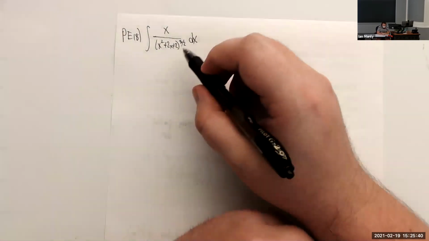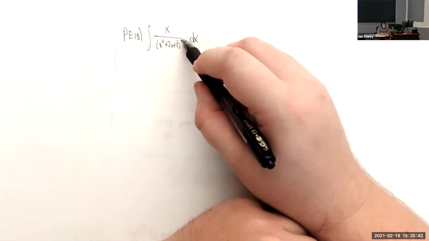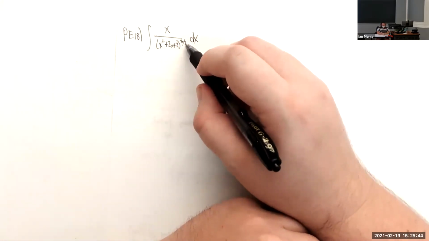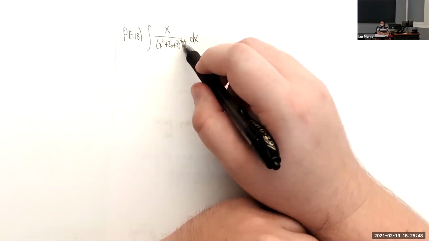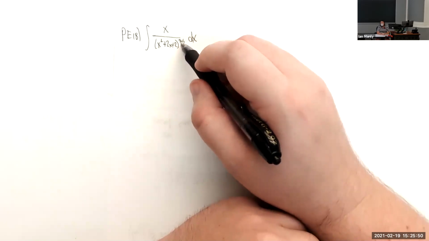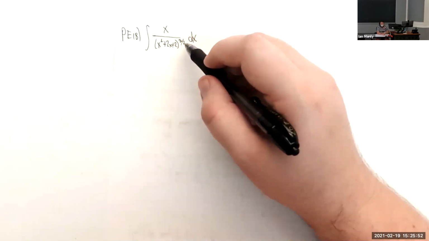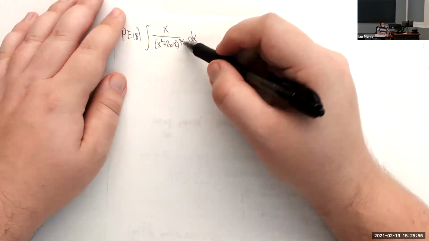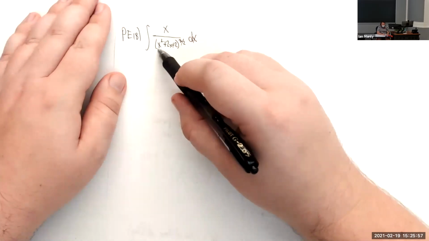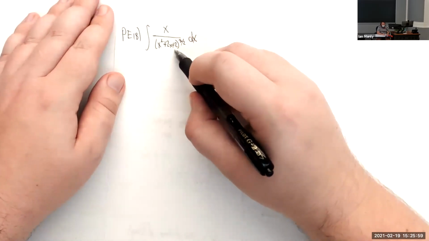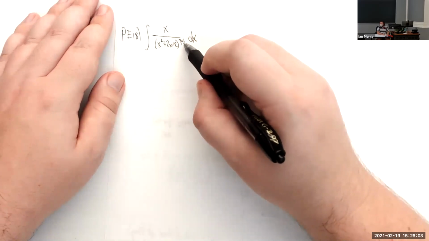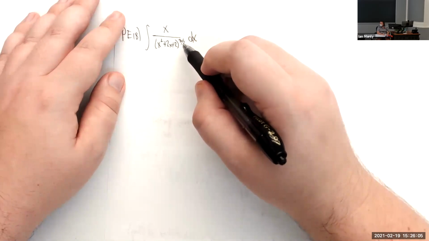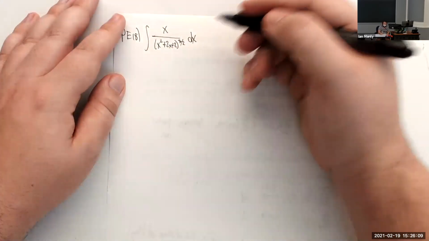I see a 3/2 power, which immediately tells me that we can't do partial fractions for this. Partial fractions only works if we have non-fractional powers or whole number powers. So we can't do that, but I do see a quadratic in here. And that makes me think, okay, I have a quadratic and then this 1/2 power. What I'm going to do is try trig sub here.